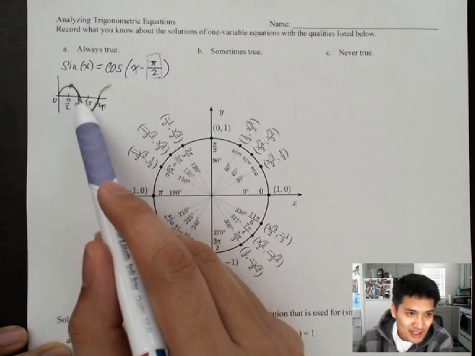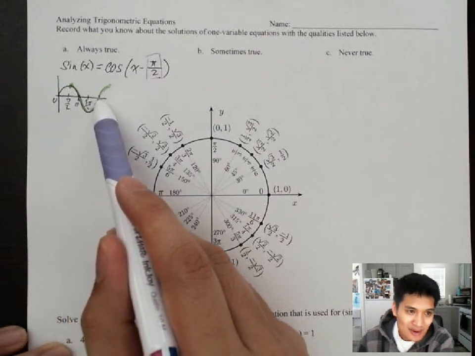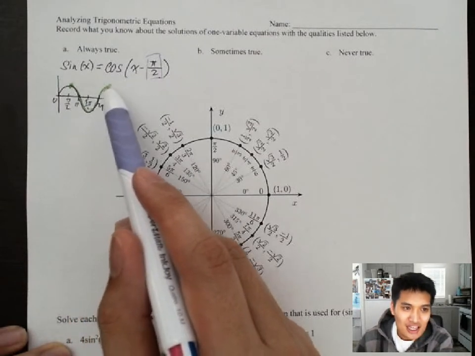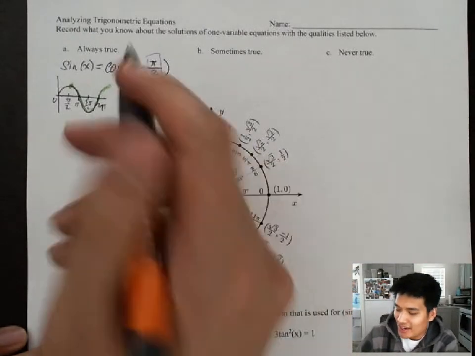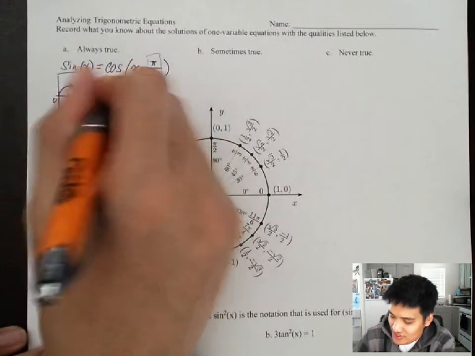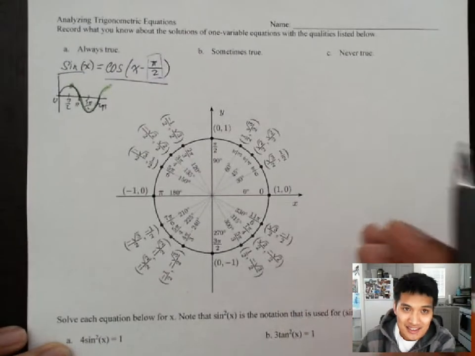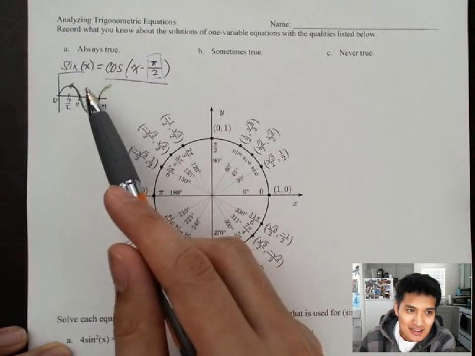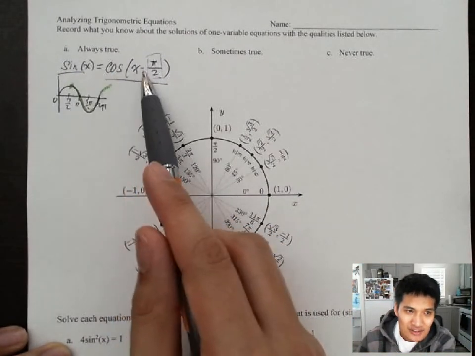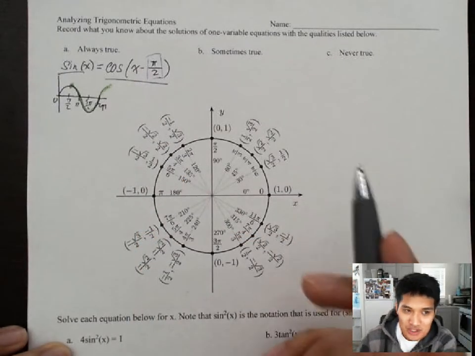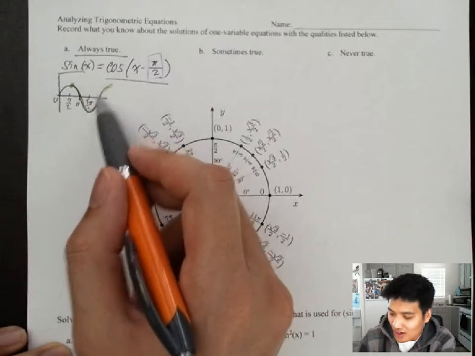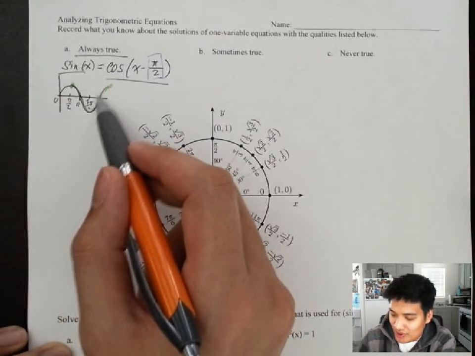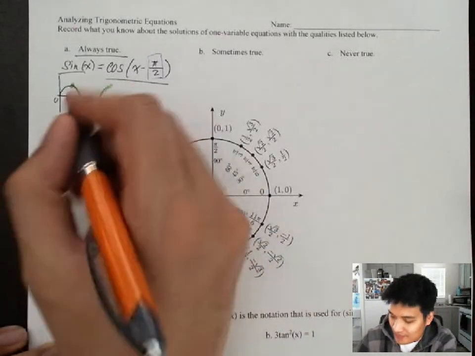This part here is exactly the same, and if you were to continue sine, it would still keep going on that trend. So in this particular case, both graphs are basically the same, and what that means is for any x value, it's always going to be true, right? So that's what it means by always true, is when their graphs are essentially what we call coinciding with each other.